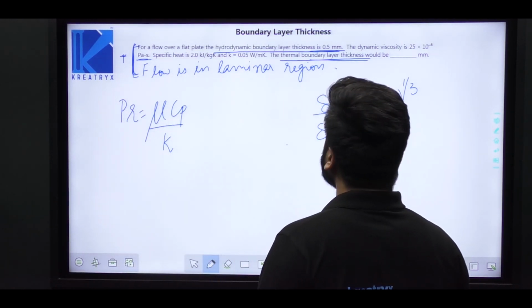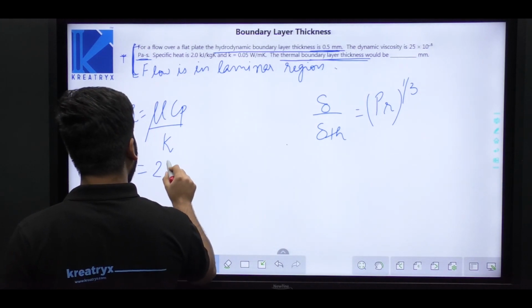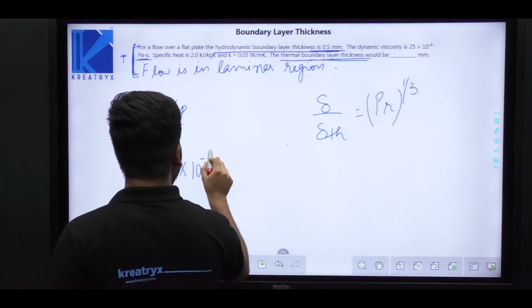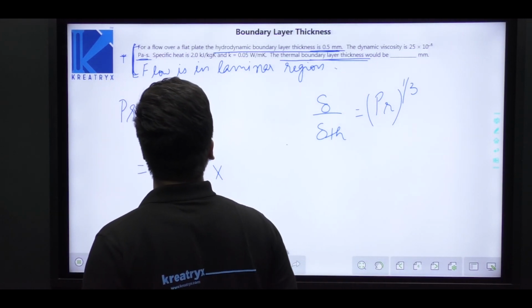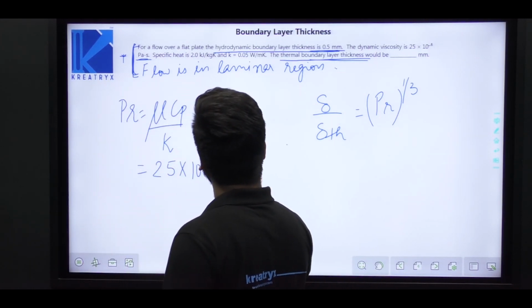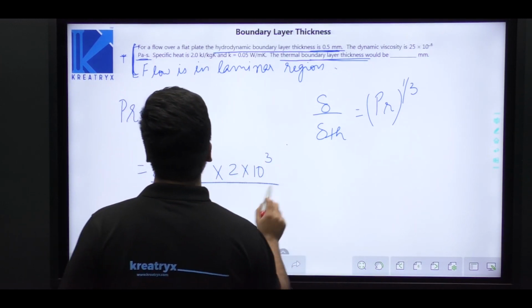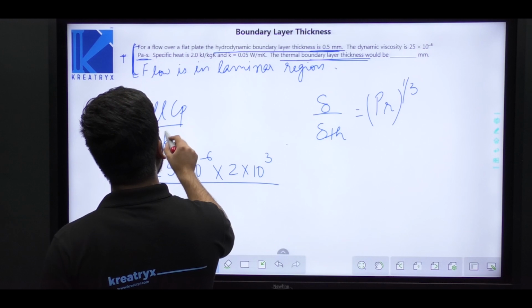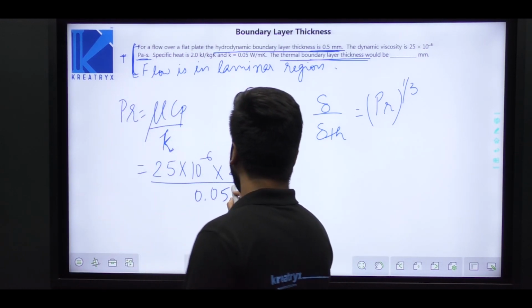So mu is 25 into 10 to the power minus 6. Cp is 2 kilojoule per kilogram Kelvin, that is 2 into 10 raised to the power 3 joule per kilogram Kelvin, upon K, thermal conductivity, which is 0.05 watt per meter Kelvin.